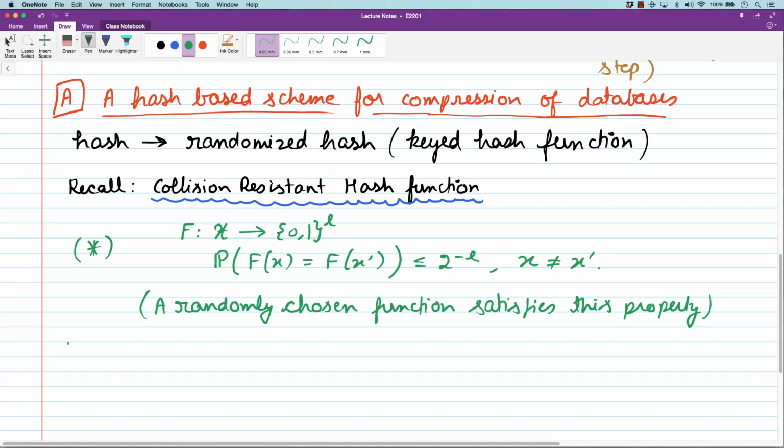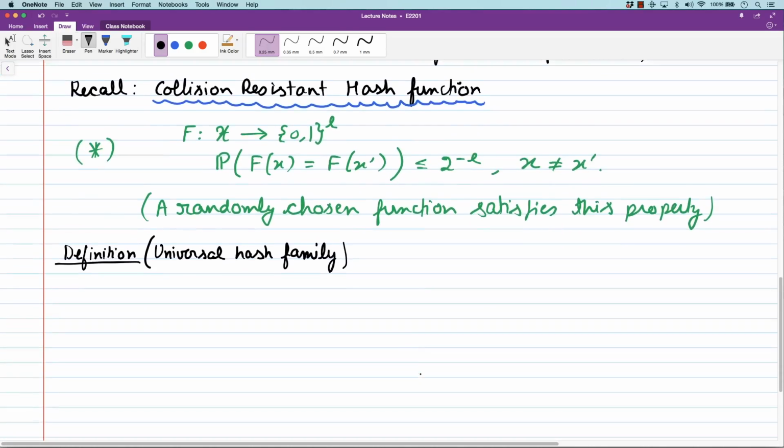We never gave it. This is the definition of a universal hash family. More precisely, we are defining a two universal hash family, but since we don't look at more than two universal hash families, we can just call it universal hash family.